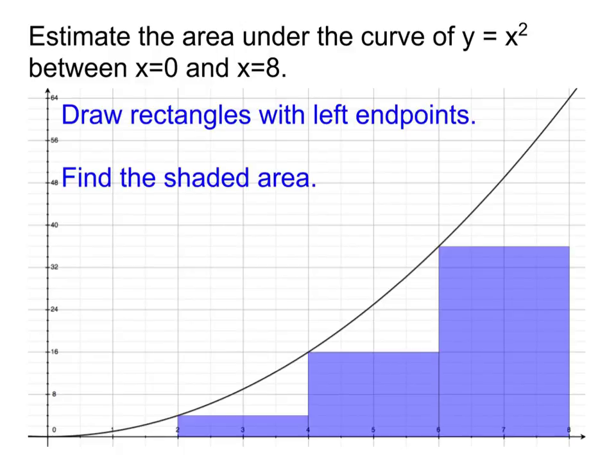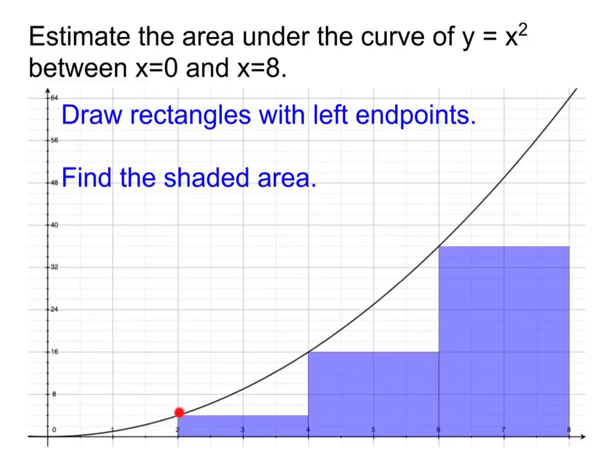Now, I want to actually figure out what this estimated area is. So I'm going to find the area of each of those rectangles. Our first rectangle here, I need to know the area of that, which means the width times the height. Well, how wide is this rectangle? 2, because that's how I chose to draw it. That's what I decided at the start, that each rectangle was going to be 2 units wide.